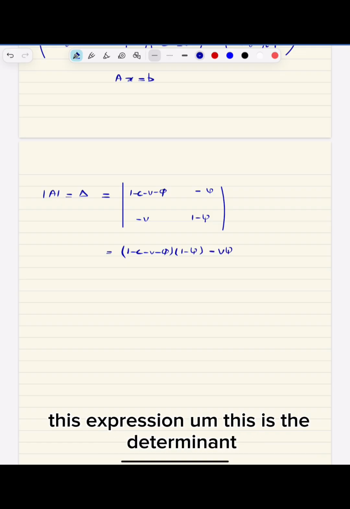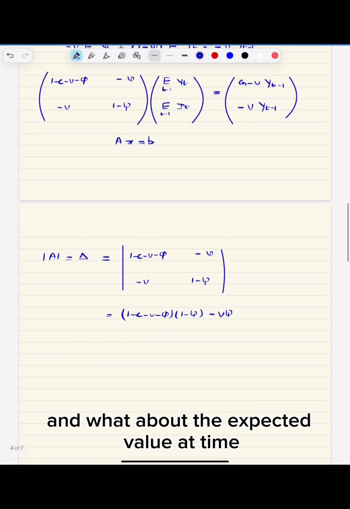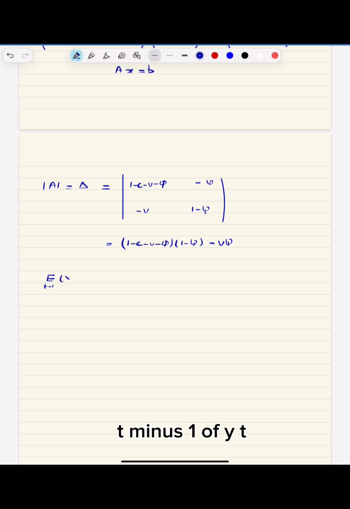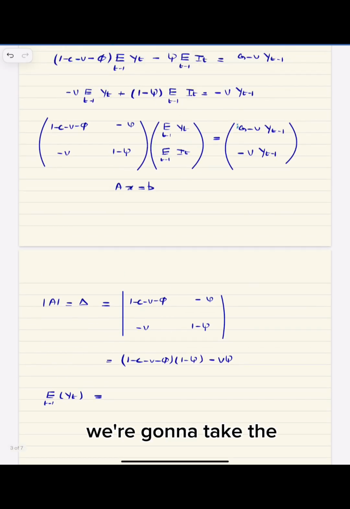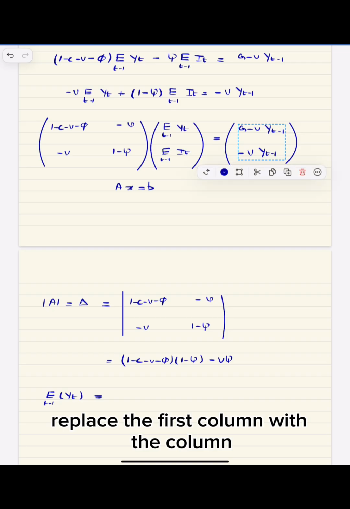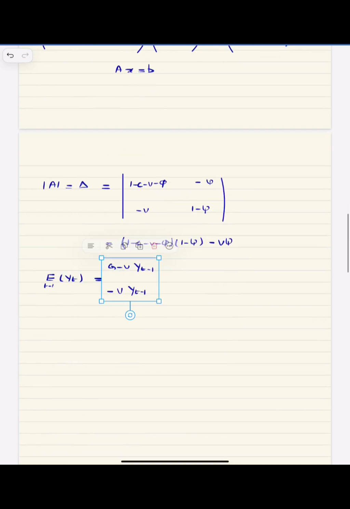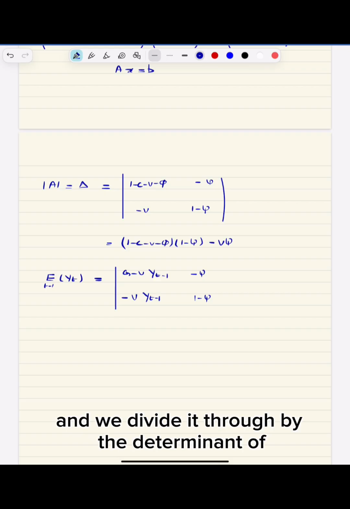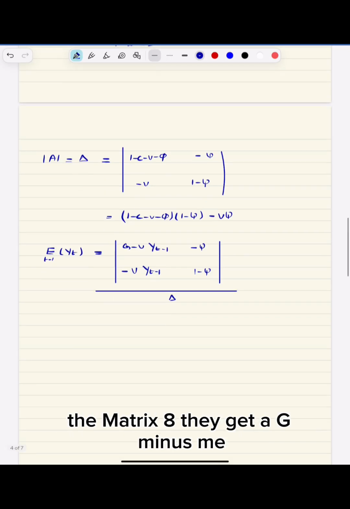Okay, this expression is the determinant. And what about the expected value at time t minus 1 of yt? We replace the first column with the column b, and the second column remains the same. We take the determinant and we divide it through by the determinant of the matrix A.